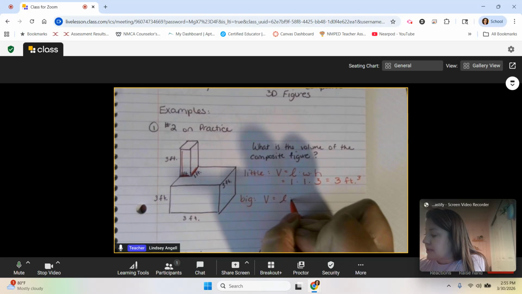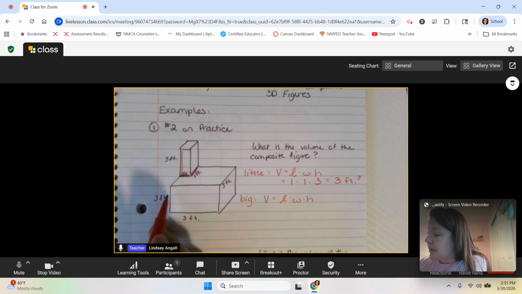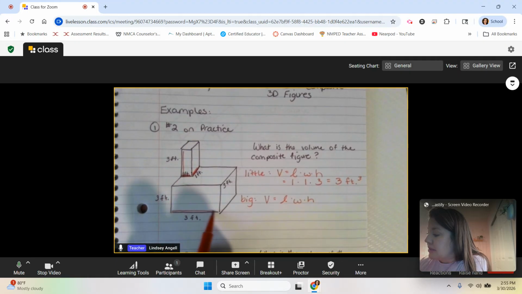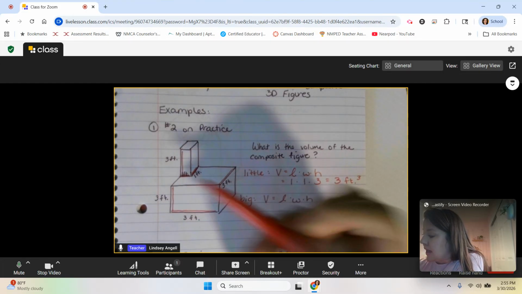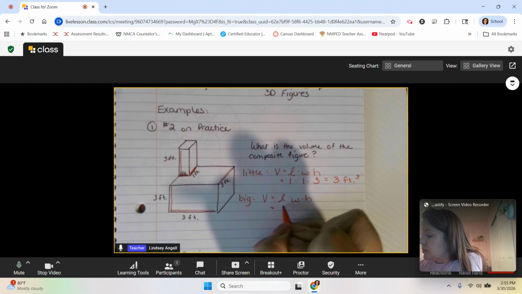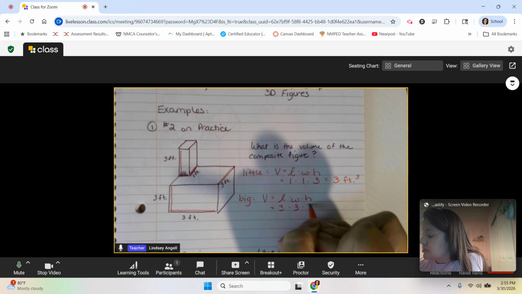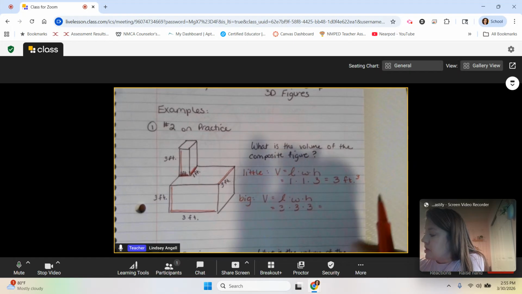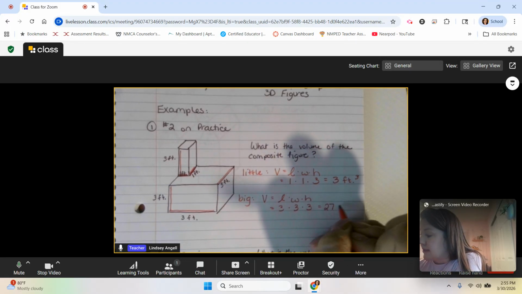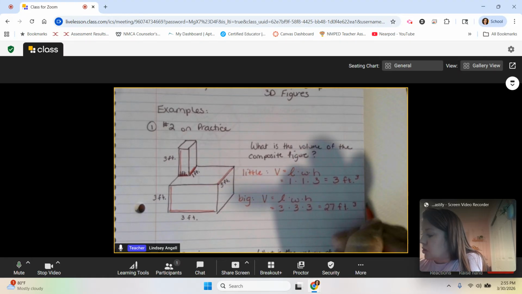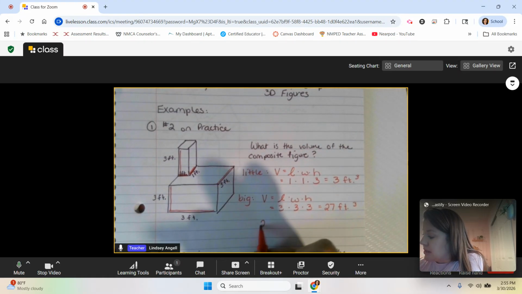Length times width times height for that one as well, which it's got a length of 3, a width of 3, and a height of 3. So really we are looking at 3 times 3 times 3. Well, 3 times 3 is 9, times 3 is 27. So 27 feet cubed. And then we're just going to combine them.